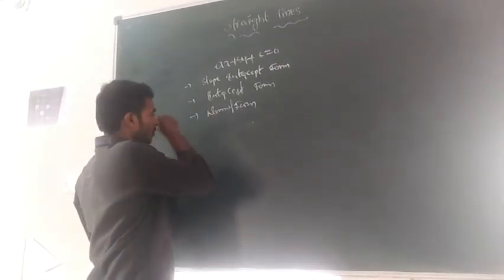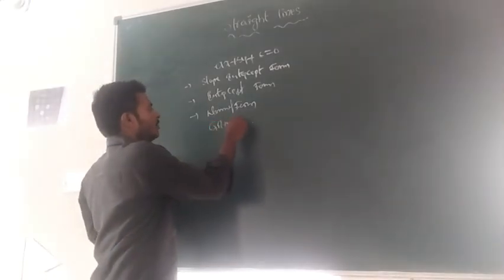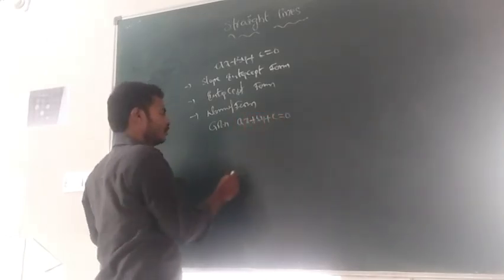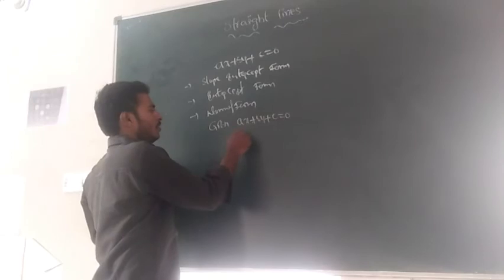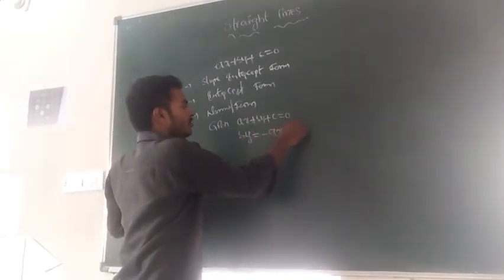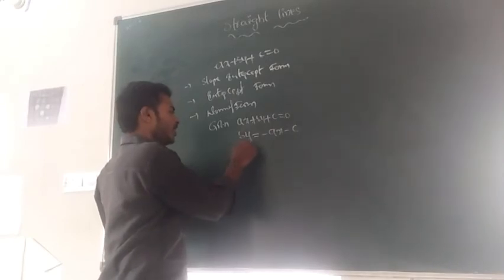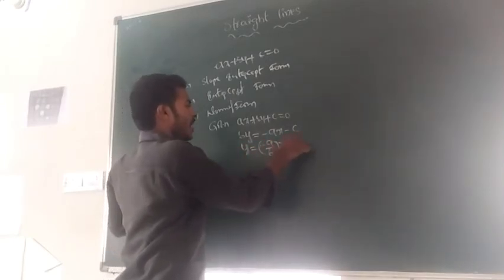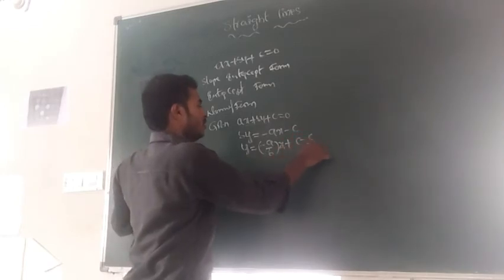Now given ax plus by plus c equal to 0, we get by equal to minus ax minus c, and y equal to minus a by b into x minus c by b.